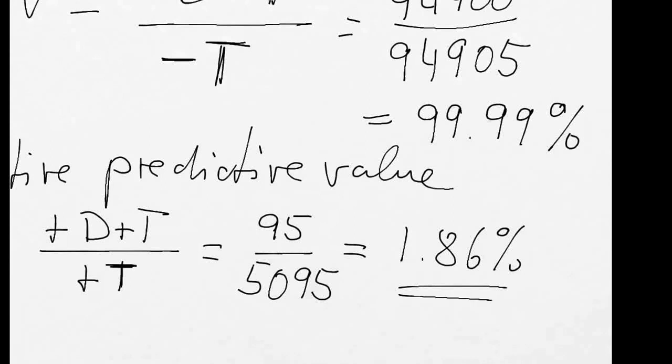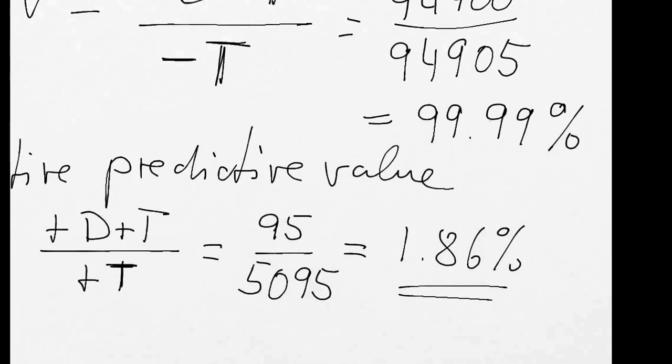What does this 1.86% tell us? Only 1.86%, roughly 2 people out of 100 who test positive are indeed disease positive. Oh, yes.